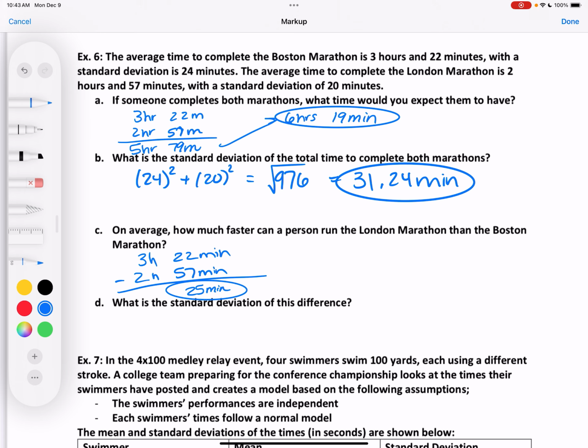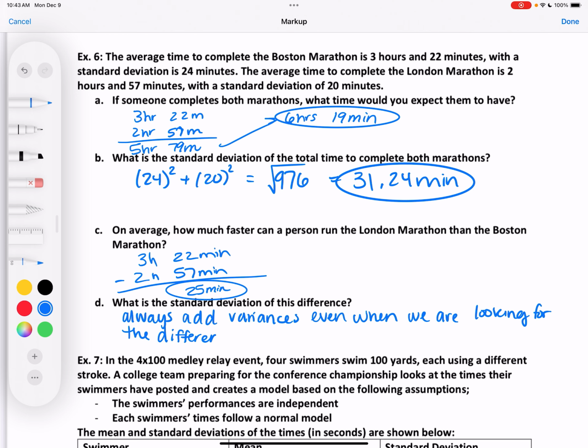So we always add variances, even when we are looking for the difference. So, still 31.24 minutes.